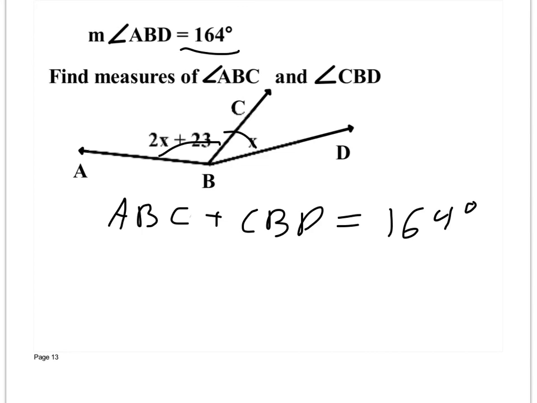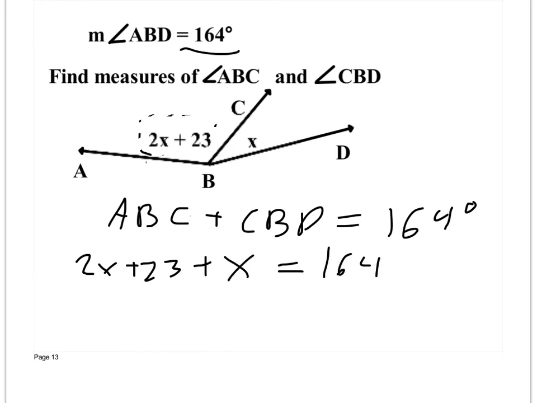ABC, we know, is defined as 2x plus 23. And then we know CBD is defined as, any idea? X. So what I do is I add like terms first, 2x and x.